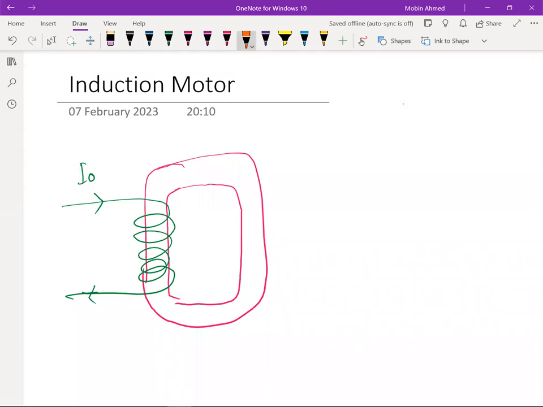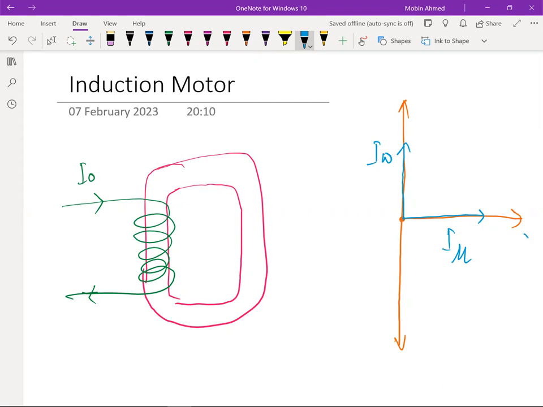It is exactly as we have seen in the transformer and the induction motor. The working principle is the same. It is only the rotor which is rotating. That's it. Okay, so it is going to have two components in this one. One is going to be your I mu, and one is the IW.